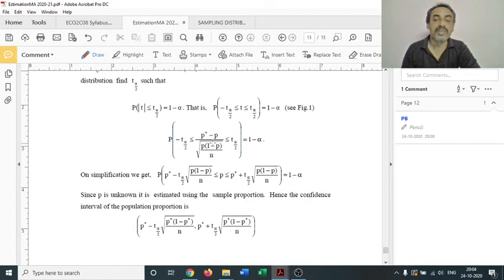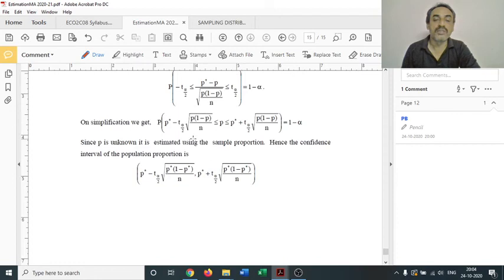As before, doing certain mathematical simplifications, we get the confidence interval as P star minus t alpha by 2 root of P star into 1 minus P star by n, and P star plus t alpha by 2 root of P star into 1 minus P star by n. Here, this is the probability statement giving P within two limits with probability 1 minus alpha.